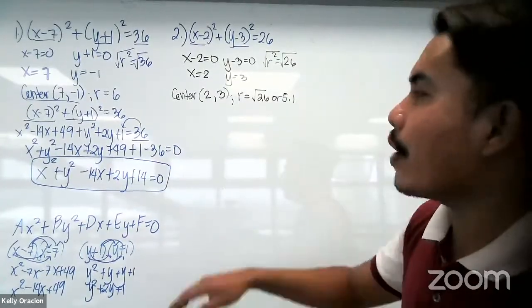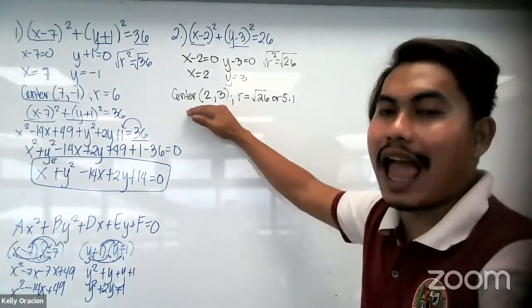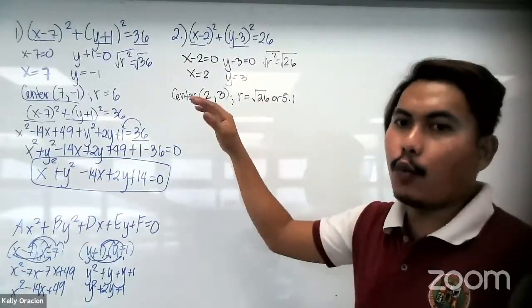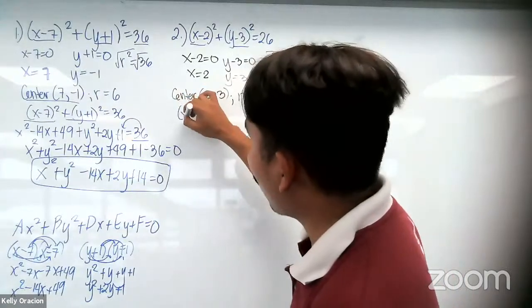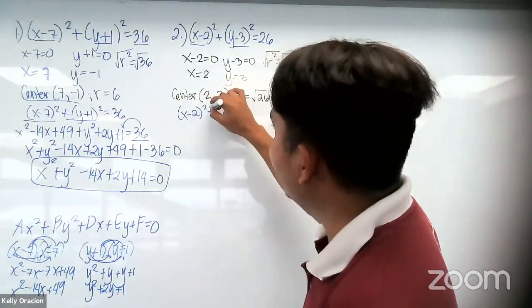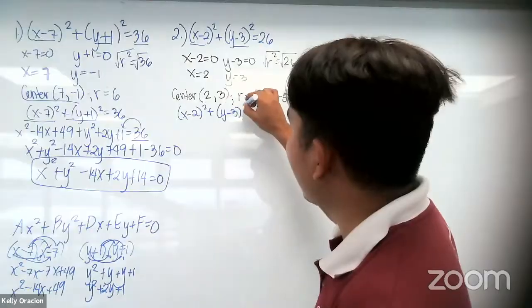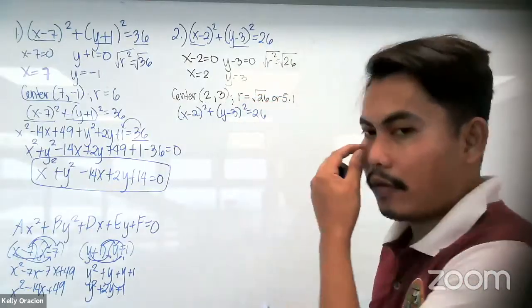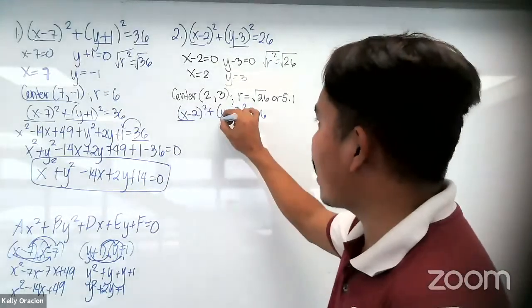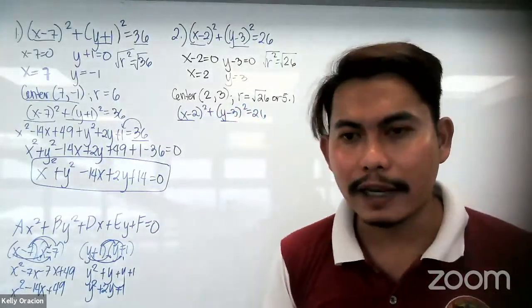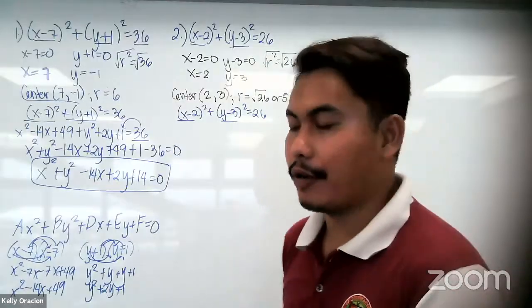Now, we already have our center and our radius. So let's transform this standard form to general form. We are going to expand this using the FOIL method.